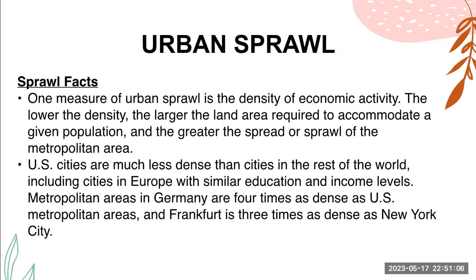US cities, like we've seen earlier, are much less dense than cities in the rest of the world, including cities in Asia and in Europe with similar education and income levels. Metropolitan areas in Germany are 4 times as dense as United States metropolitan areas, and Frankfurt is 3 times as dense as New York City.